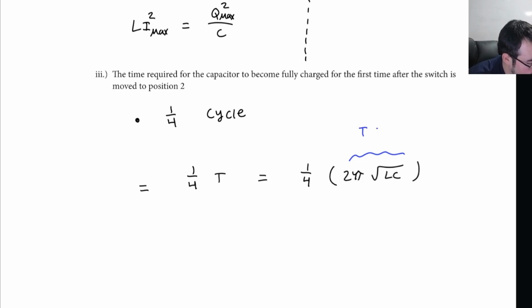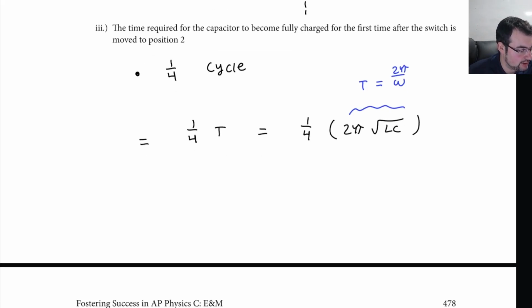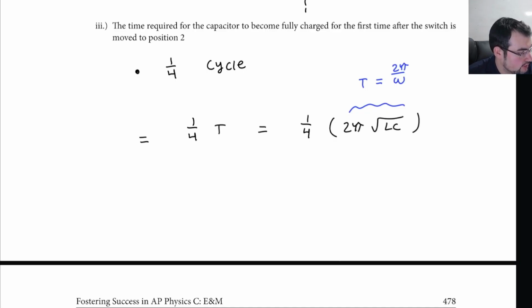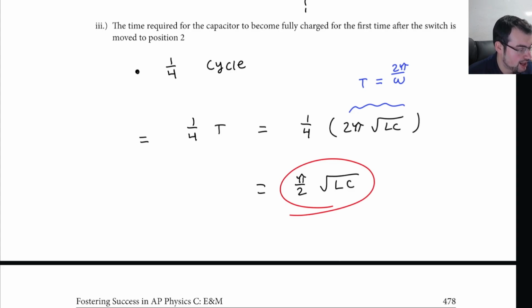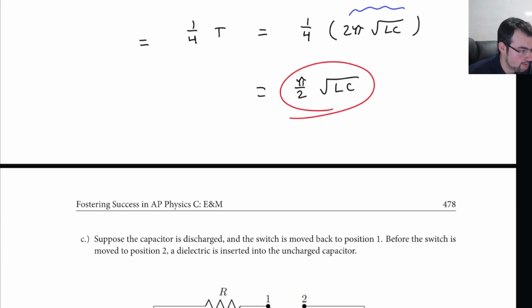We said the period is going to be equal to 2 pi divided by omega, because omega is 2 pi divided by the period. So it's not 2 pi in front, it's a quarter of 2 pi in front, which is pi over 2. So that shouldn't be too surprising that there's a pi over 2 involved, because pi over 2, that's how often these maxima and minima are occurring in the cycle. And the square root of LC is our characteristic time.